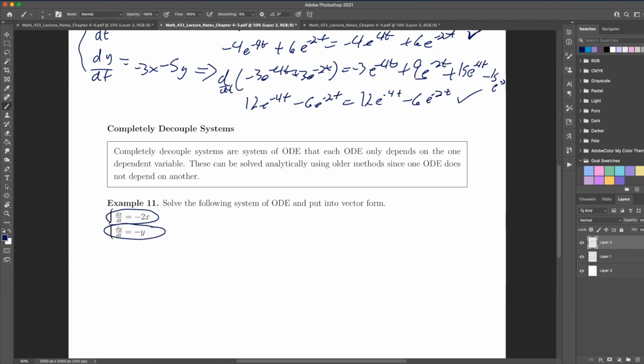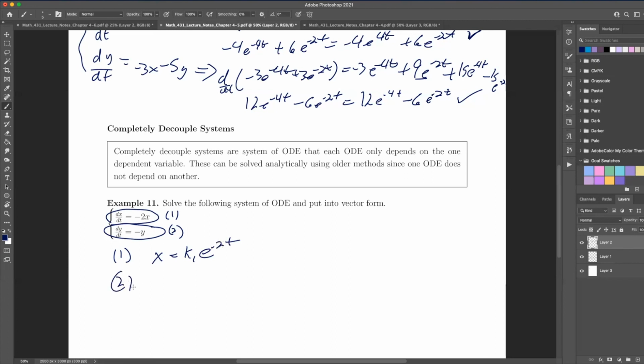Well, we'll just call this equation 1 and this equation 2. Let's just solve equation 1. Let's be very clear what we're doing here. If we just solve it, we know this is equal to k1 e to the minus 2t.